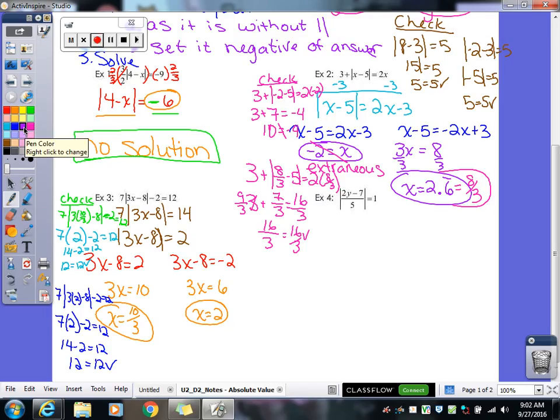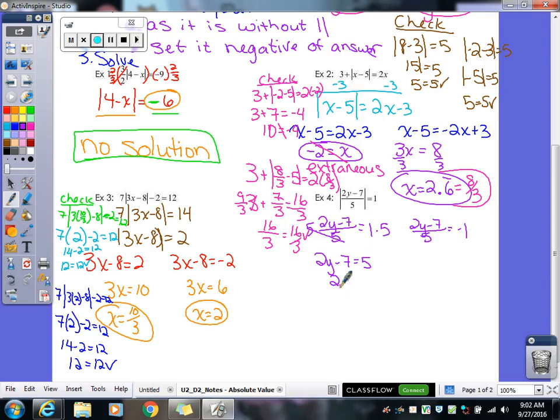And then for the fourth one, again, isolate the absolute value, but our absolute value is already on its own. So I'm going to go ahead and set up my two equations where it equals a 1 and it equals a negative 1. So then I'm going to do times 5 to get rid of my fraction.